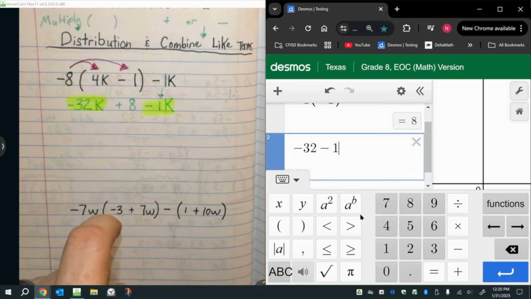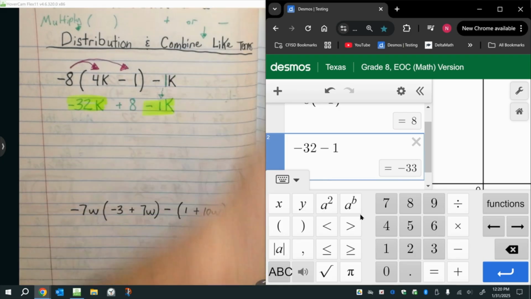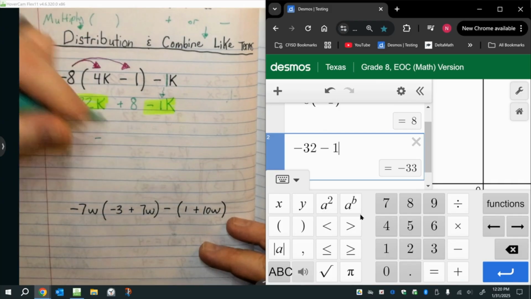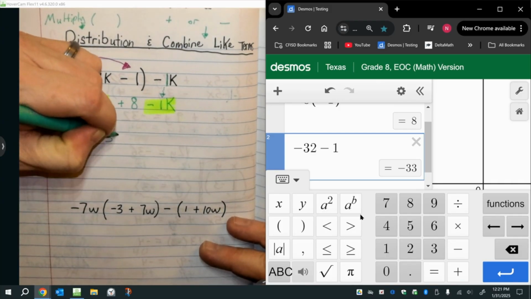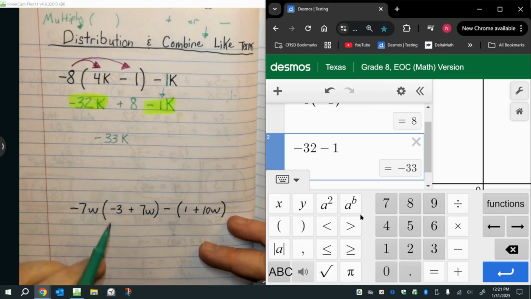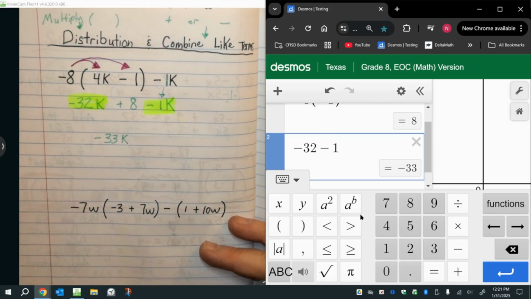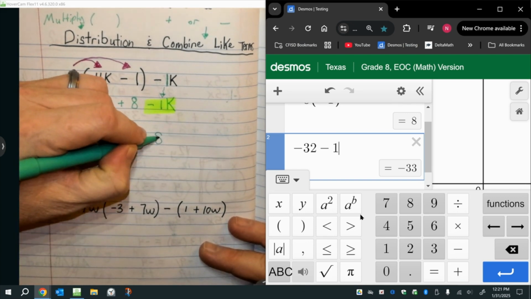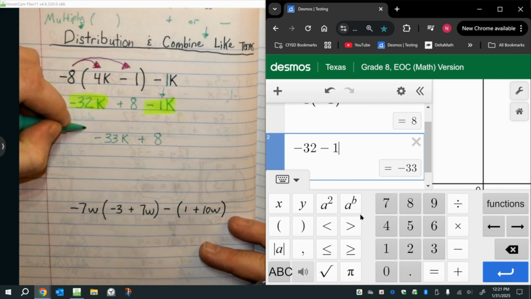Negative 32 minus 1 is negative 33. So that means we're just going to have negative 33. And then we will attach our K. And then the last thing is that this 8 doesn't go with anything, so I'm simply just going to bring him down. And this would be my final answer.